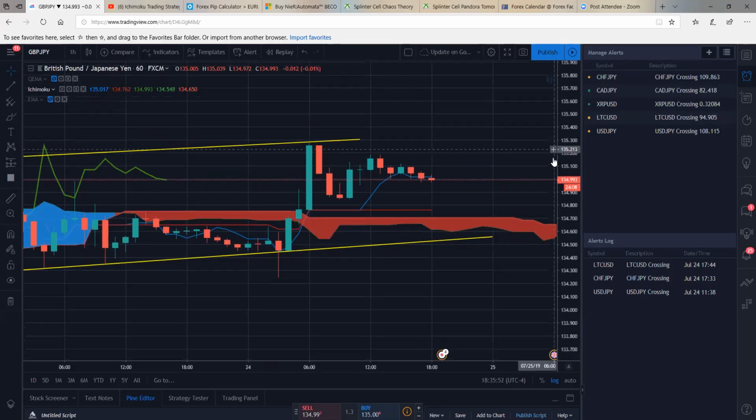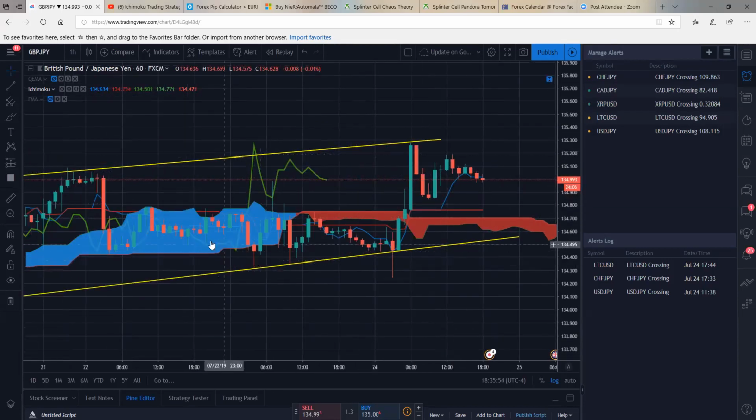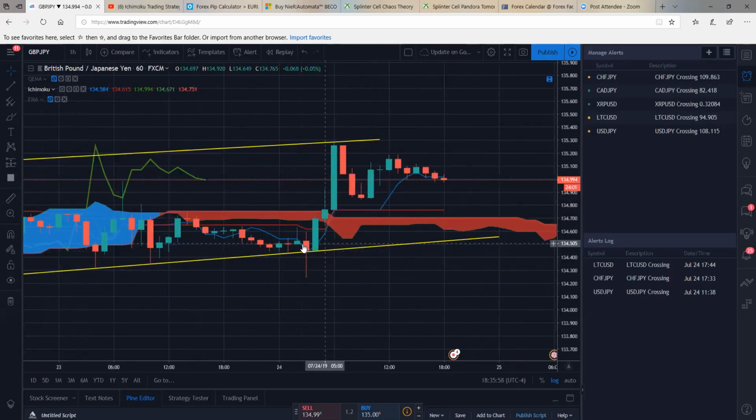Now, I drew trend lines here because trend lines are a little bit more advanced. If you are at the bottom of a trend line, you do not have to wait for the candle to push through the red cloud. You could have hit buy right here because price was playing along the trend line. It tried to slam into it, but it got rejected and headed right back up in the form of a green candle.